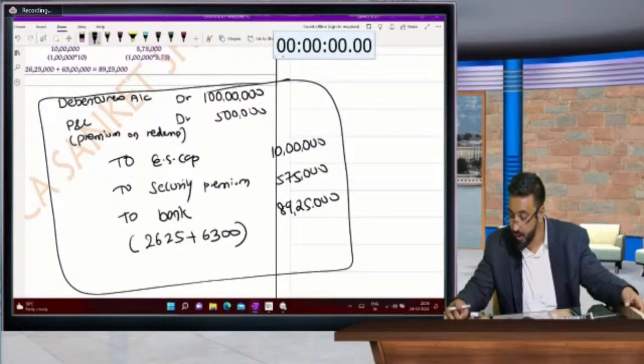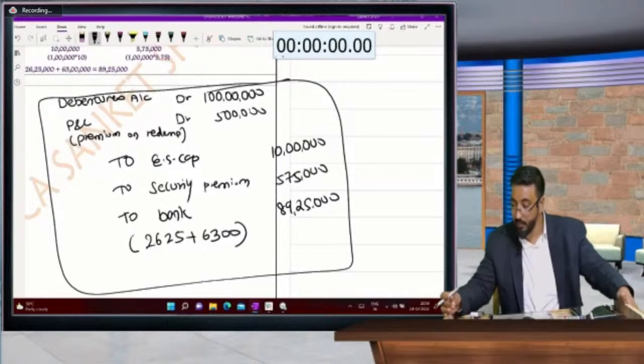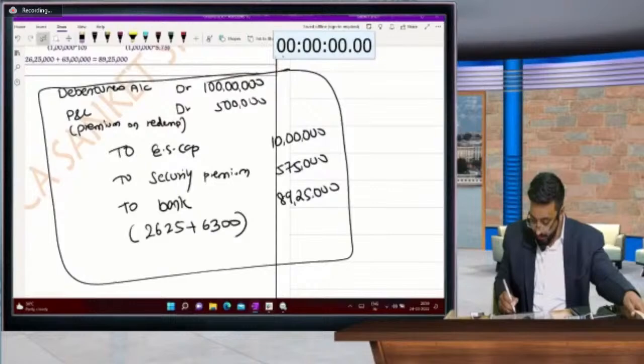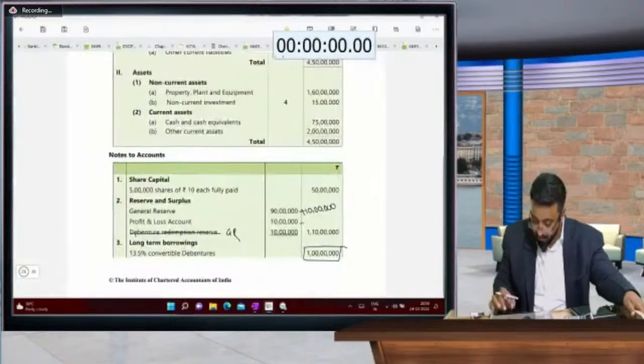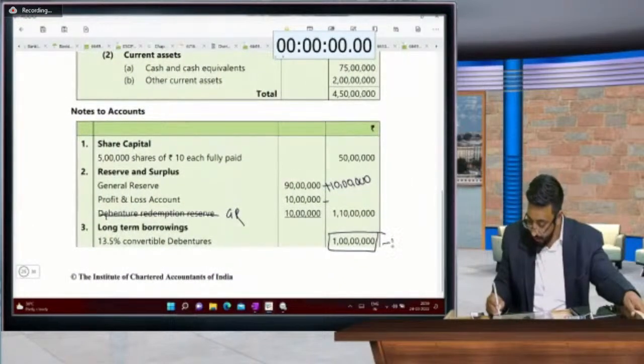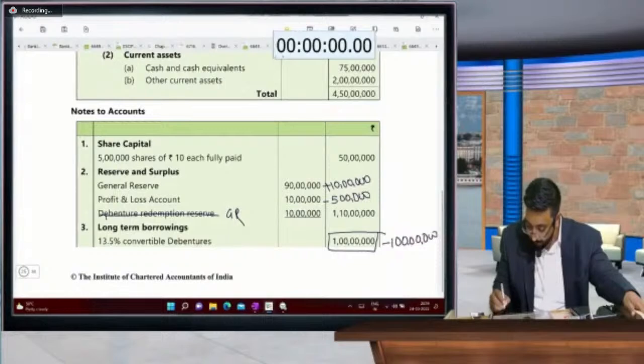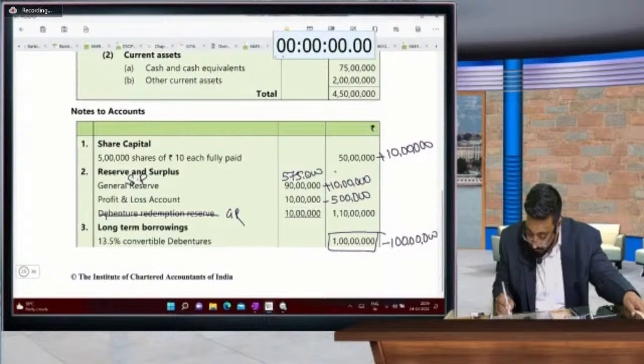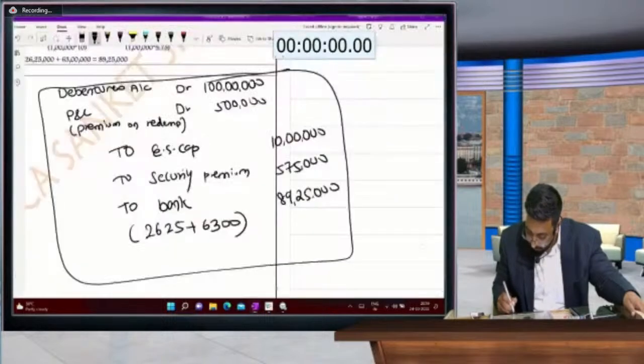Test your knowledge, beta. Chalo. So yes, now update your balance sheet. Debentures minus 1 crore. P&L minus 5 lakhs. Equity share capital add 10 lakhs. Security premium, new item, 5,75,000. Correct, na?